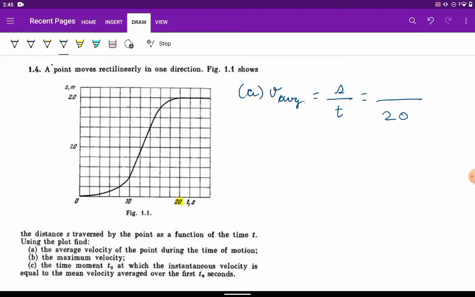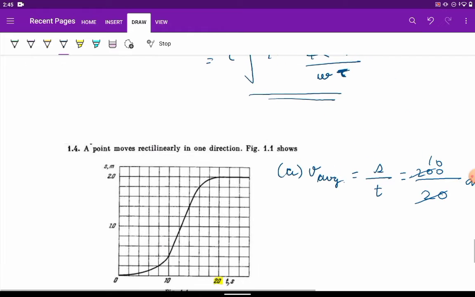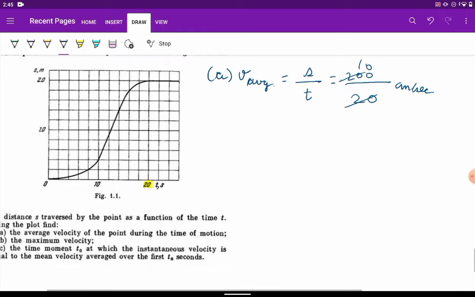If we convert it into centimeters, it is 200 centimeters per second. So this becomes 10 centimeters per second. Okay, very good. First part is solved.